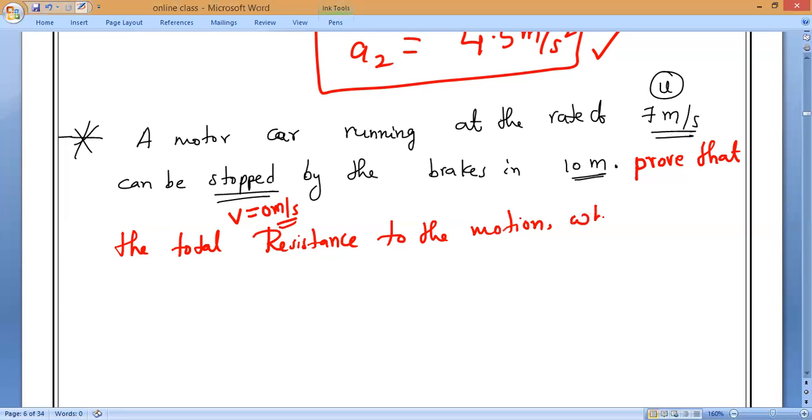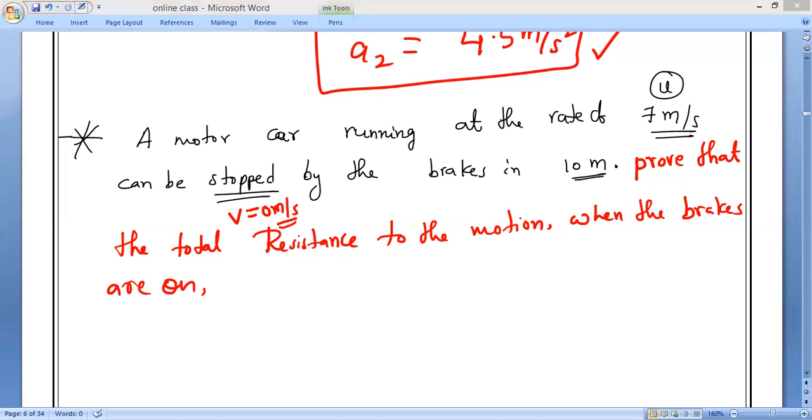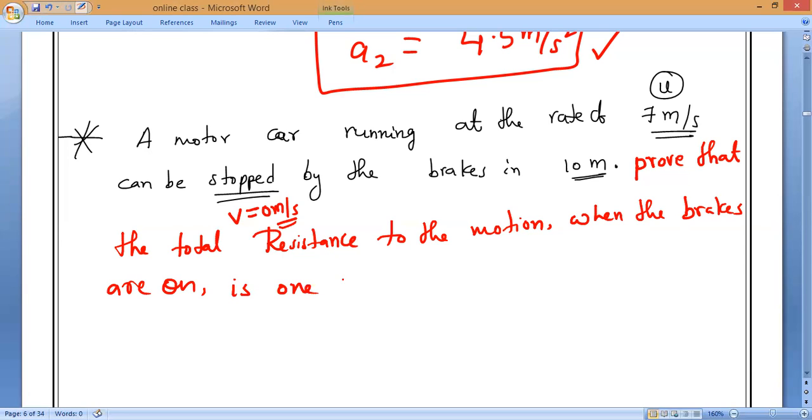When the brakes are on means what? Applied. Understanding? When the brakes are on, the total resistance to the motion is 1/4 of the weight of the car.